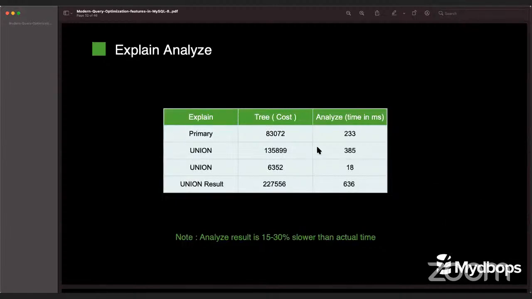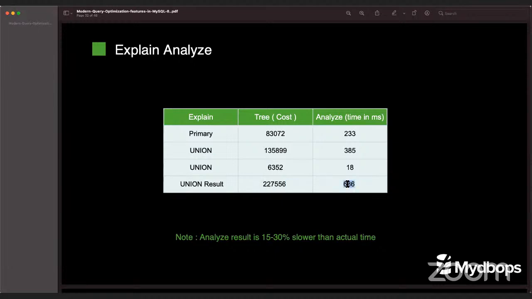So in explain, this is the primary. When you have the tree, it shows the cost as 83K for the first one, that is the primary table. But the analyze told us this takes around 233 milliseconds for the primary table, and then the union one and the union two. So these are their respective costs and their total cost and total timing.